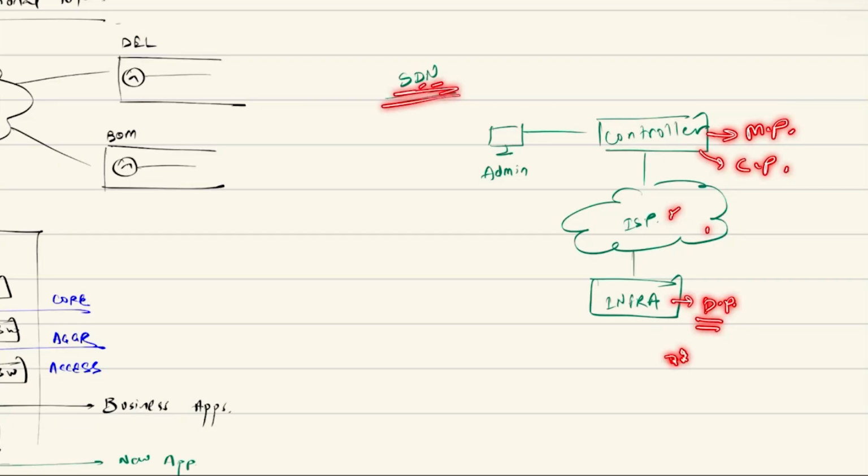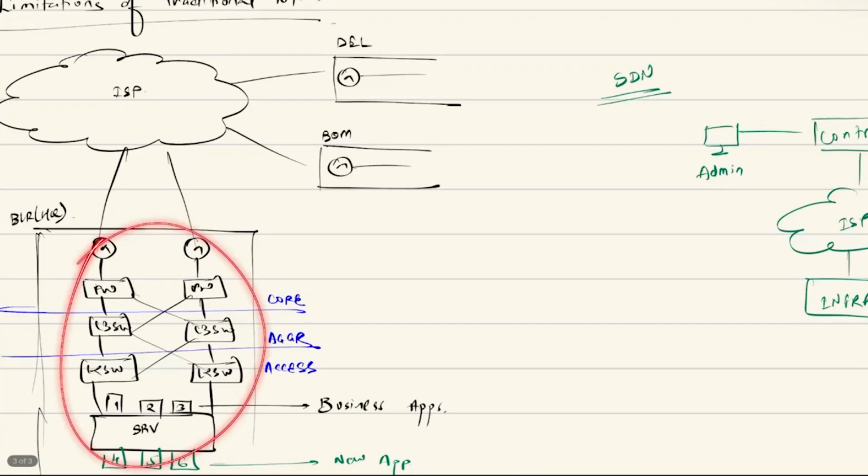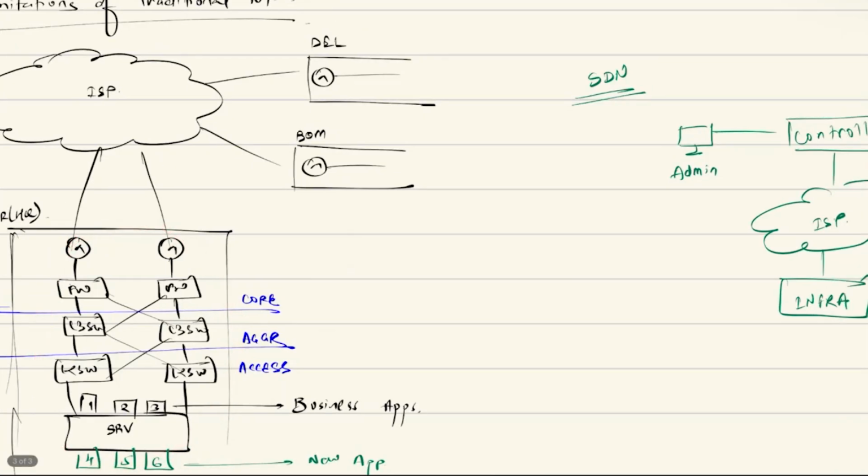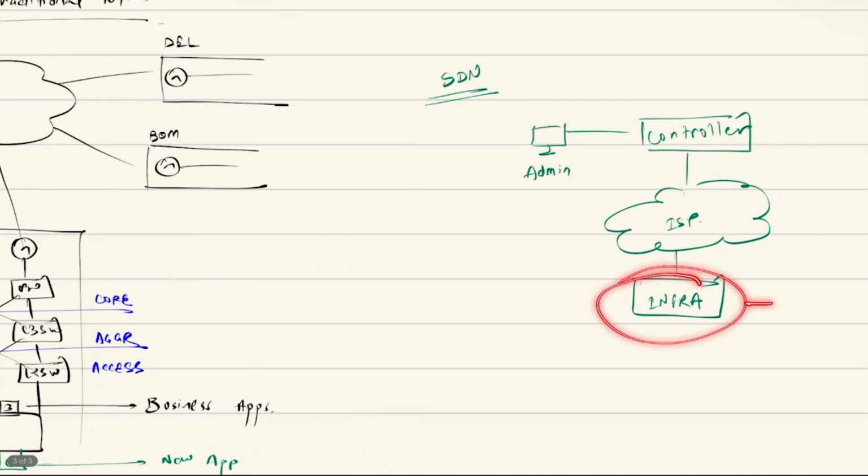So SDN is something where you decouple the control plane, management plane, and data plane from each other. Earlier, it was a scenario where each device would have its own management plane, control plane, and data plane. But now the infrastructure devices just focus on the data plane locally so that they can forward the traffic with the best of their capabilities.